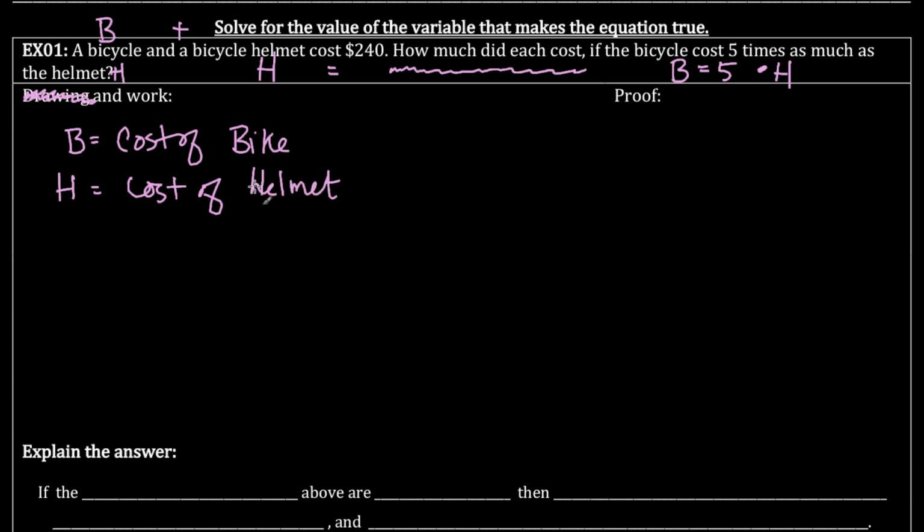I only capitalize them so you can see capital B, capital H. We know that the cost of both together is $240, and that the cost of the bicycle is 5 times the cost of the helmet. So that looks good.